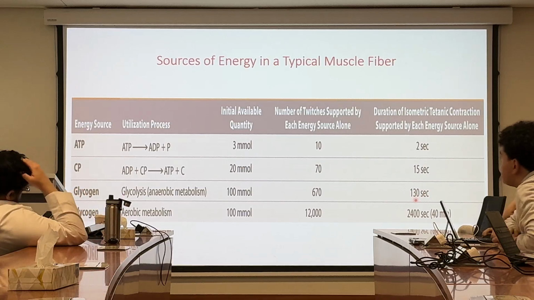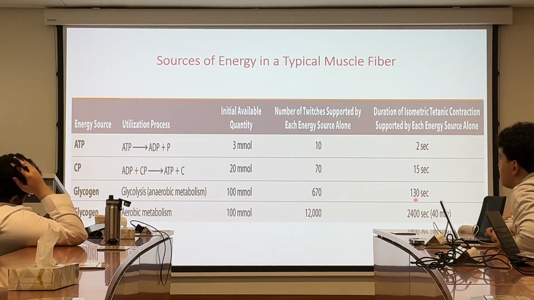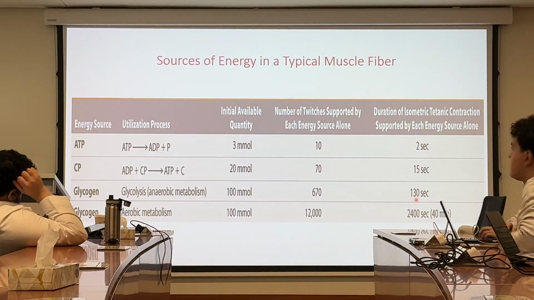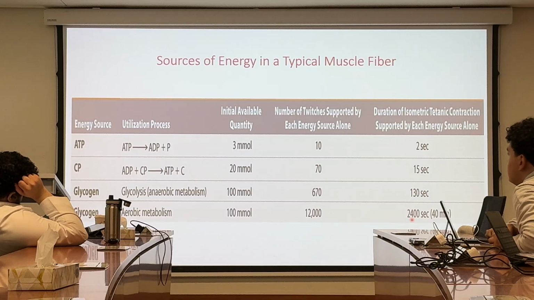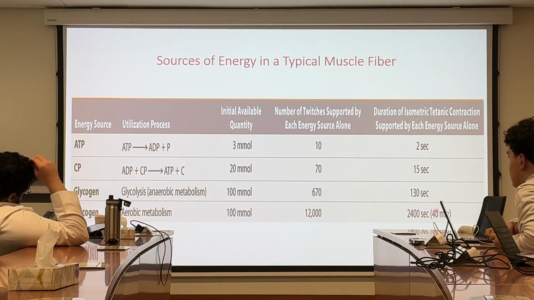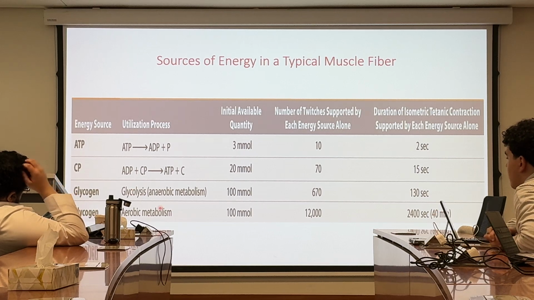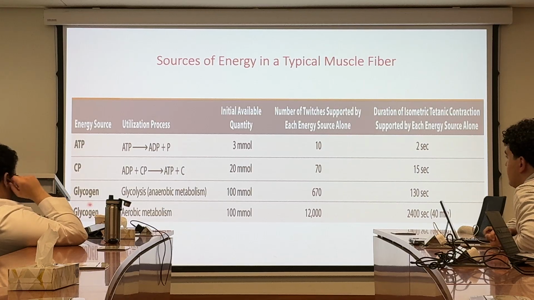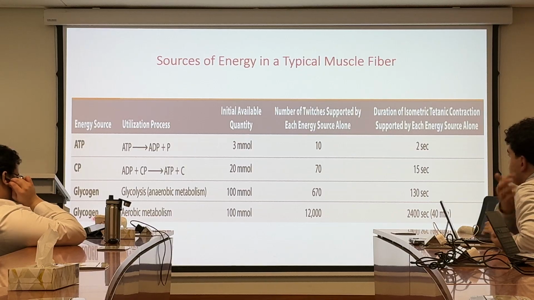About 130 seconds. Obviously, if you open another textbook, you'll find a slightly different number here for 130. And so on. So about 40 minutes. Now, you might say, I just told you that glycogen with aerobic respiration can go on for 2 hours. Yes, I told you that. But here it says glycogen. It doesn't say glycogen plus fatty acid plus glucose plus protein.